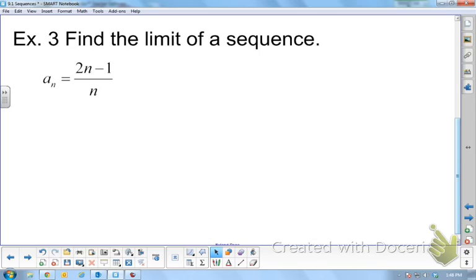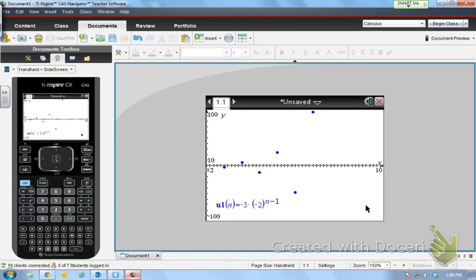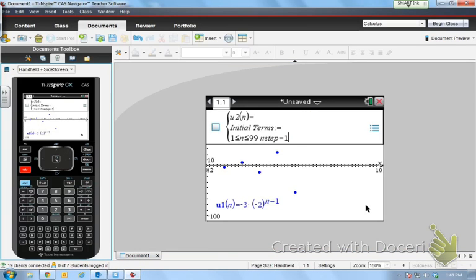So I'm going to go back to the graph page. How do we get to a second graph on that same graph page? Tab, right? Tab. We had 2n.